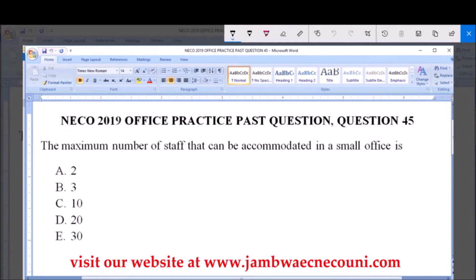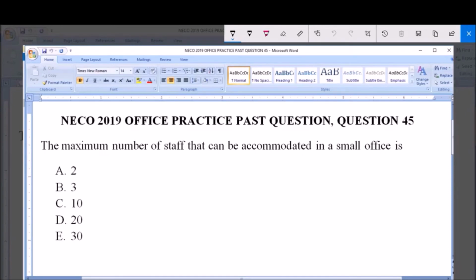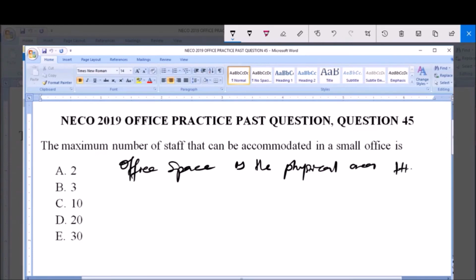Now, what is a working space or office space? Office space is a physical area that is used for office operations.